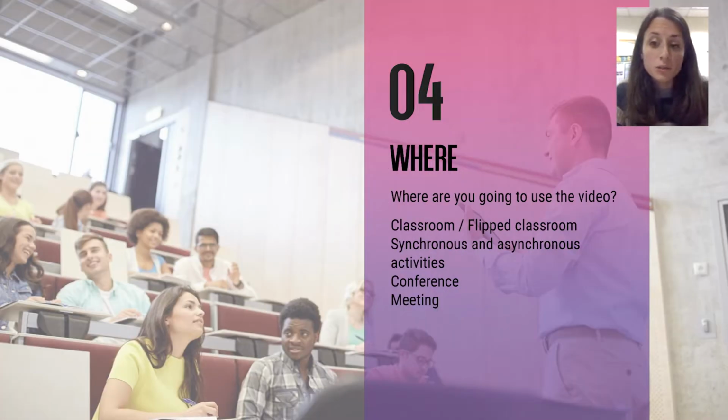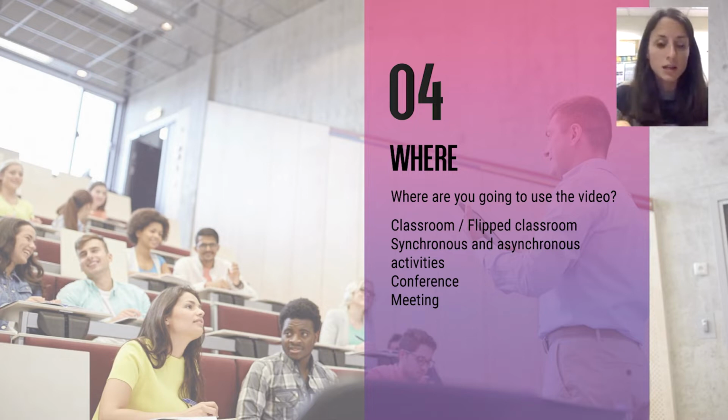Then we need to understand where we want to use our video. So I'm a teacher, for example, and I need to use my video to explain specific topics in my classroom. Or I'm a teacher and I need to save time in class.